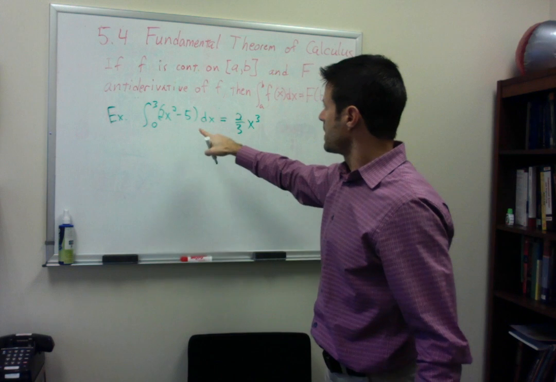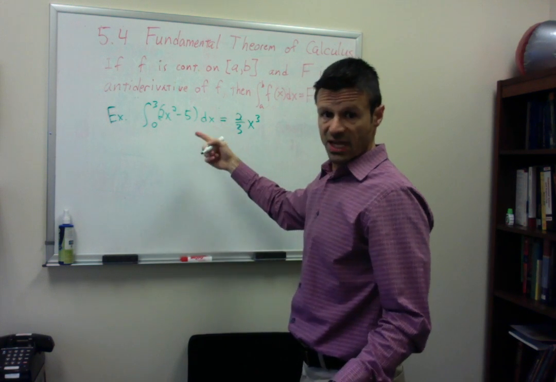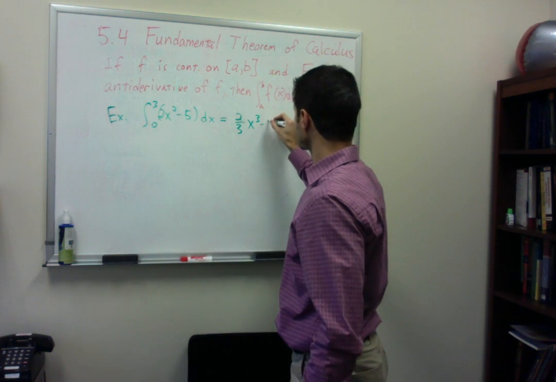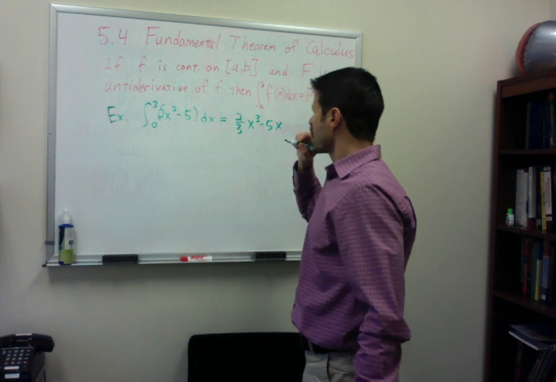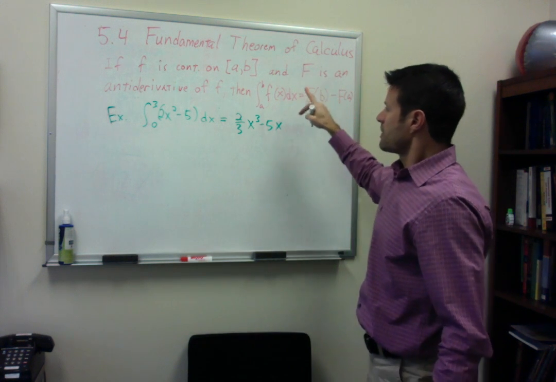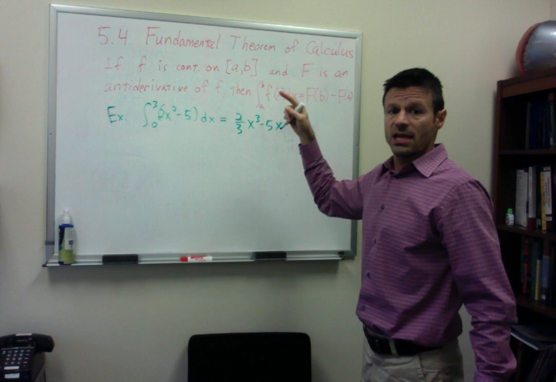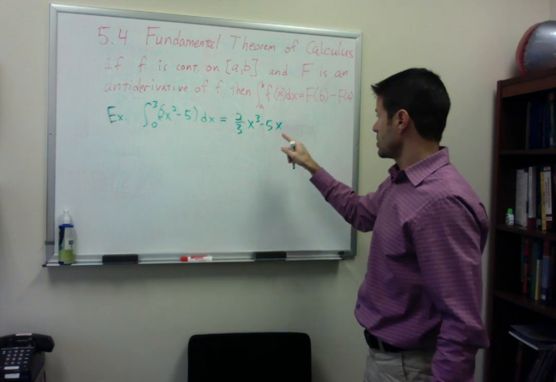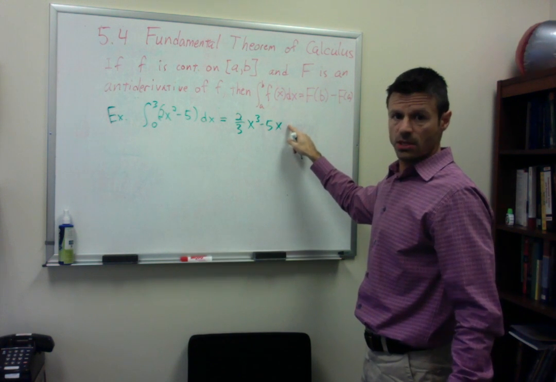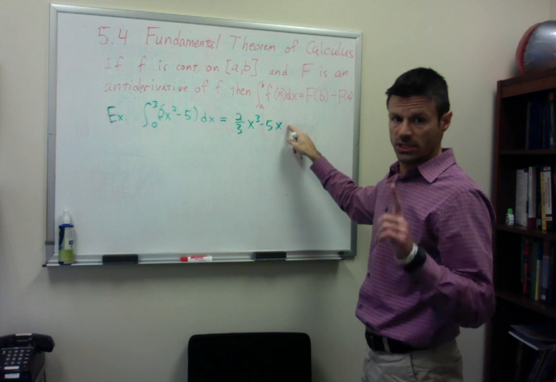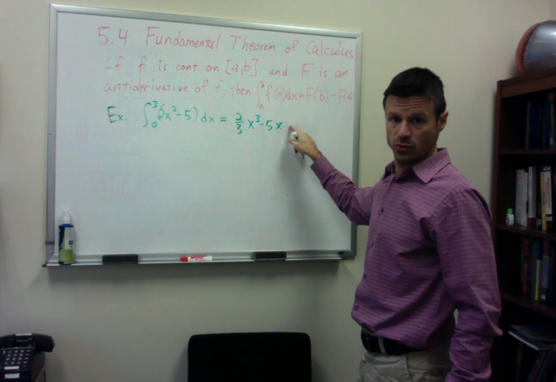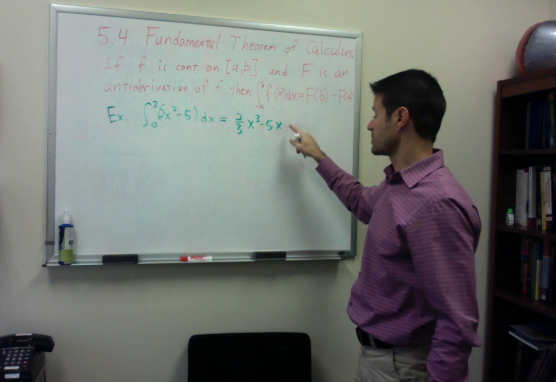And then minus 5, the antiderivative of a constant is that constant times x. From the theorem, all we need is an antiderivative. Usually we add c, but here we don't need to, because all we need is one antiderivative, and the one that we choose is the one in which c is equal to 0.